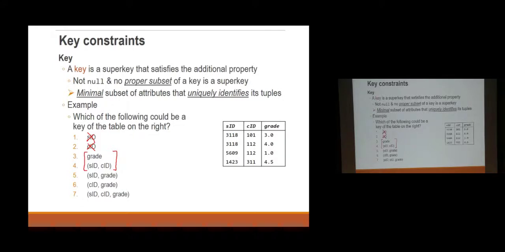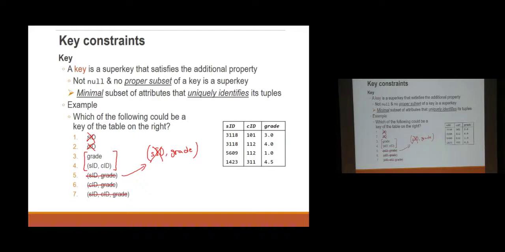So you look at this: SID and grade. Can you remove one of the attributes and still make it a super key? The answer is yes, you can remove this and it's still a super key. So SID, grade is not a key. This one too, this one is not either.